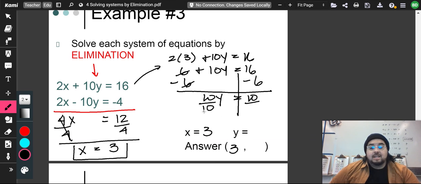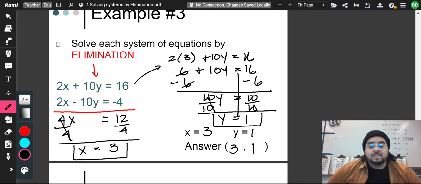And once I do that, I get y equals 1. And so my final answer is 3 comma positive 1. And so that would be the point of intersection, the solution to the system.